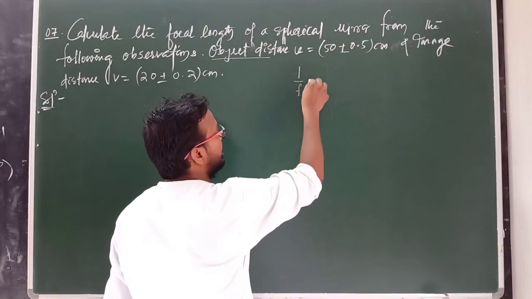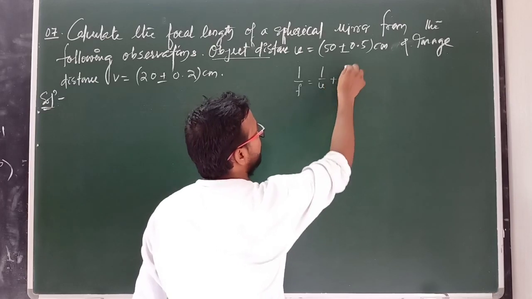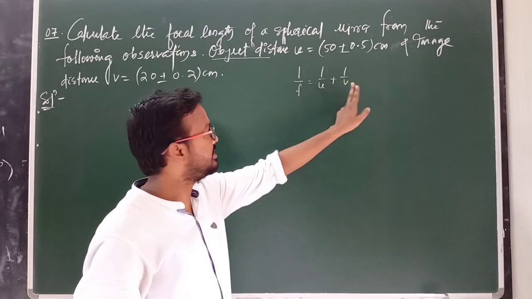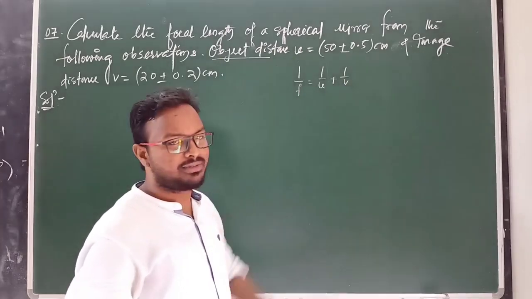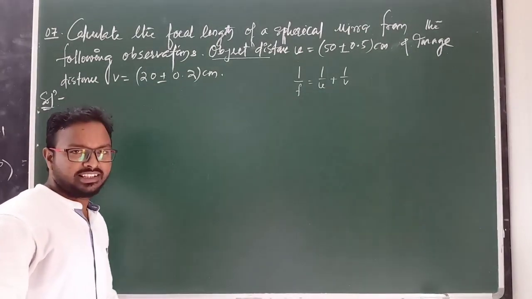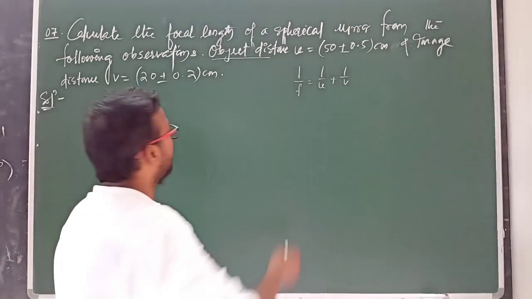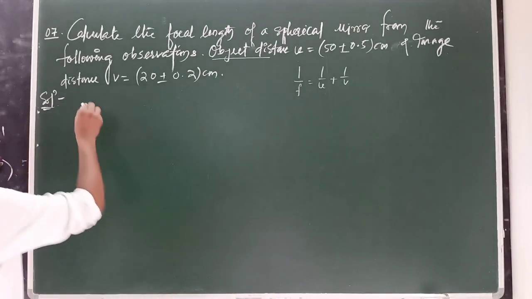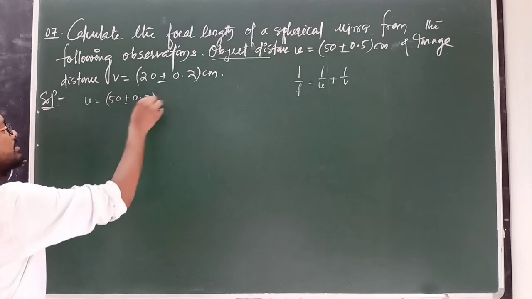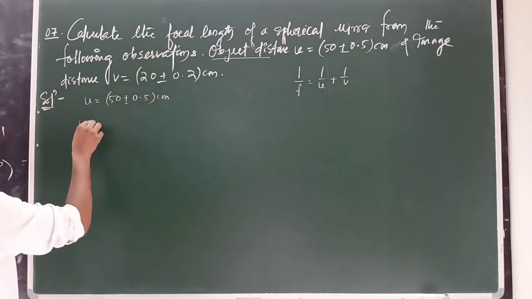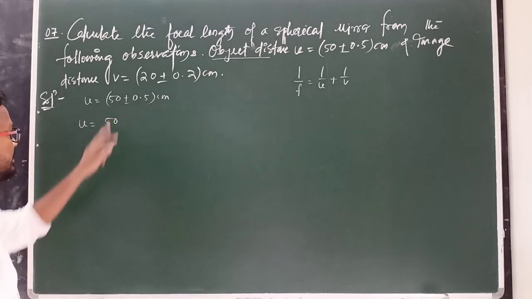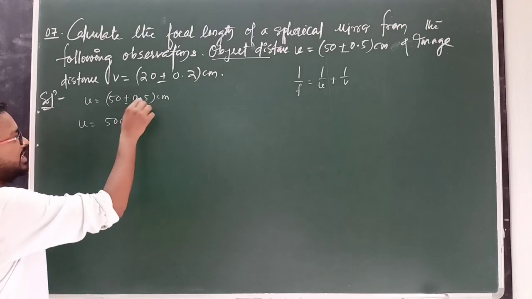It is 1 by f equal to 1 by u plus 1 by v. What are u and v? u is the object distance, v is the image distance, and f means focal length. But we have to calculate the error in focal length, or the maximum error in focal length. So how can we find this error? First I am writing u equal to 50 plus minus 0.5 centimeter. Clear? Here this term is known as the true value, that is 50 centimeter, and the error is 0.5 centimeter.